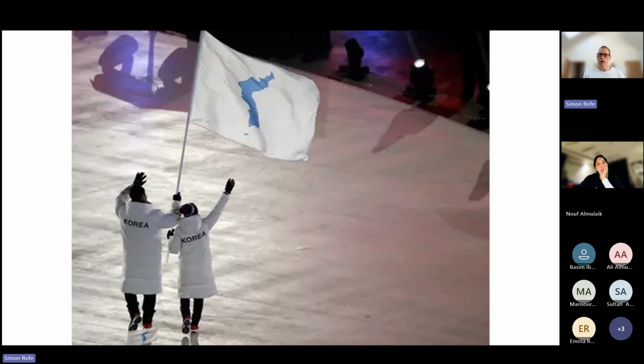But the value we place in giving nationhood through sport, and sport can be a very key way of expressing this. So I share the example of Kosovo. Again, somewhere you may not have come across, but a former part of Yugoslavia, made up of a different ethnic group from Serbia.